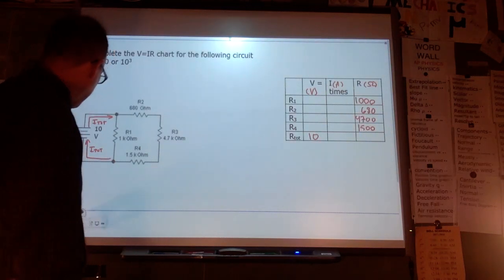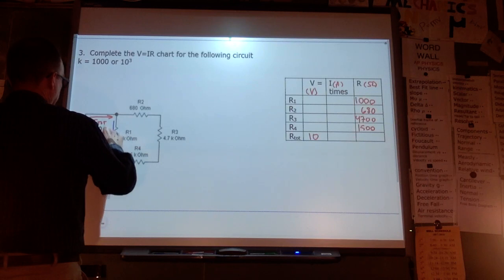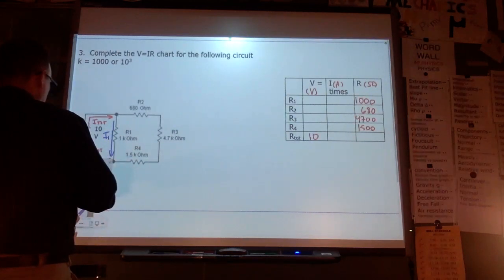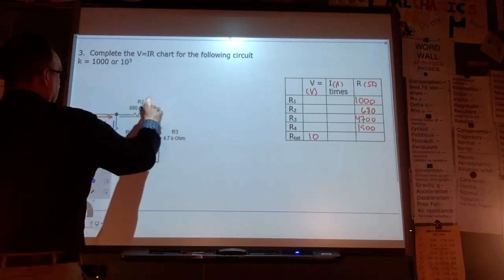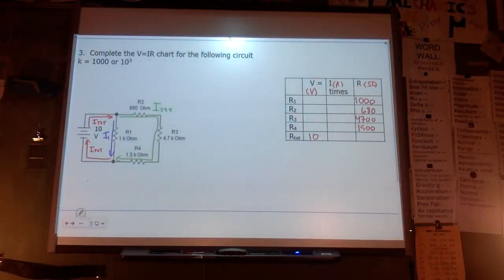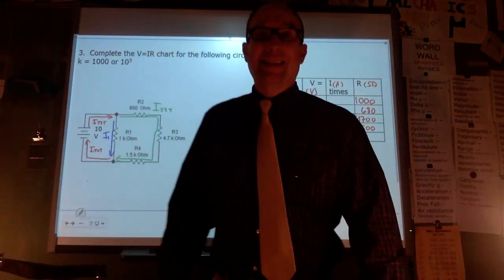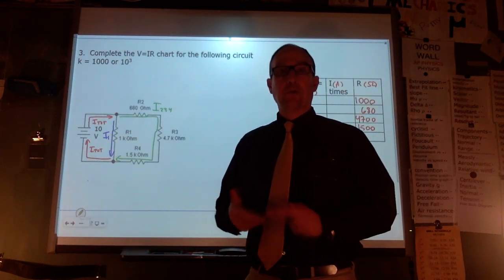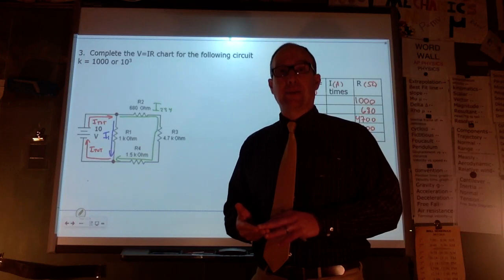I know that they're not all in series because some of it goes this way, which is I1, and some of it goes this way, which I would call I2, 3, 4. So since the same current goes through 2, 3, and 4, they're in series. So I'm going to combine them in series.